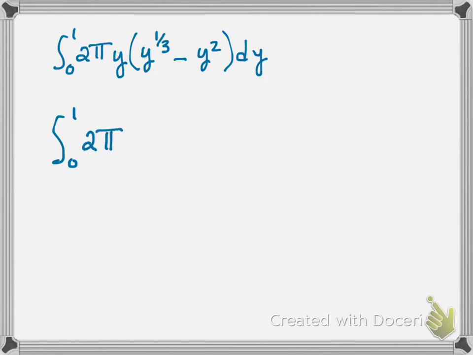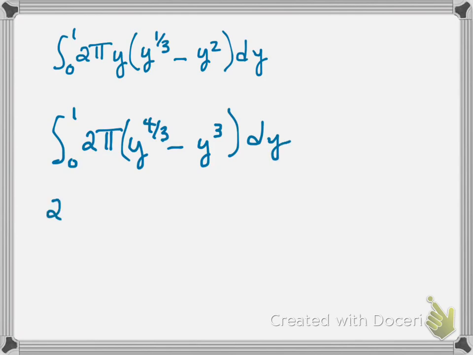So take y times y to the third. That would be y to the 4/3 and y cubed here. All right, so now I'm going to pull out my 2 pi, and I will be ready to integrate at this point.